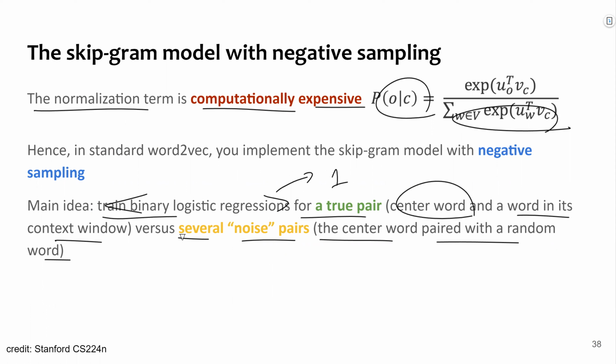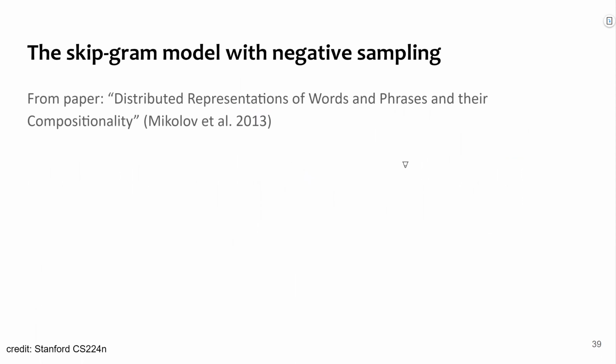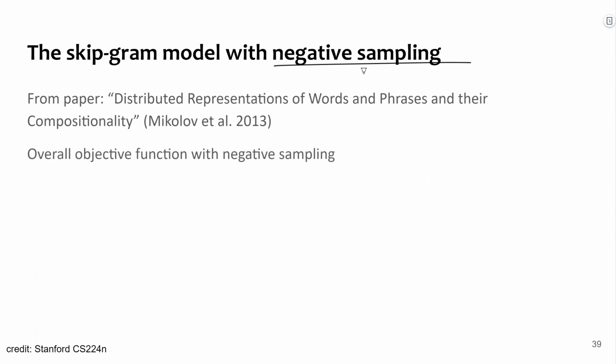However, when it is given several noise pairs, like the center word paired with a random word, it will produce 0. So it's called binary logistic regression. Rather than learning this expensive probability, this approximates the process. From this paper, we're going to talk about negative sampling.